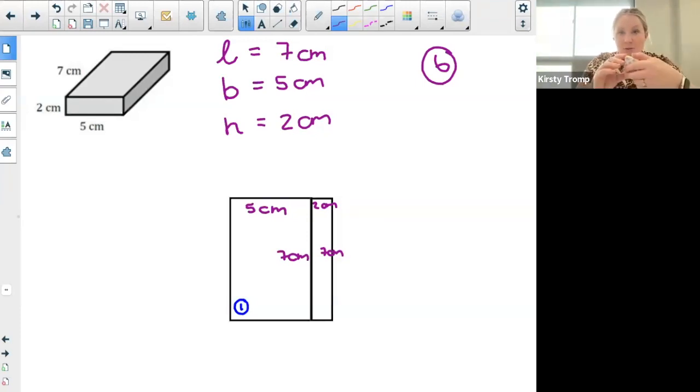So I'm unwrapping my box, guys. So far I had that side, the big side. Now I've just done the little side, so that's side number 2.